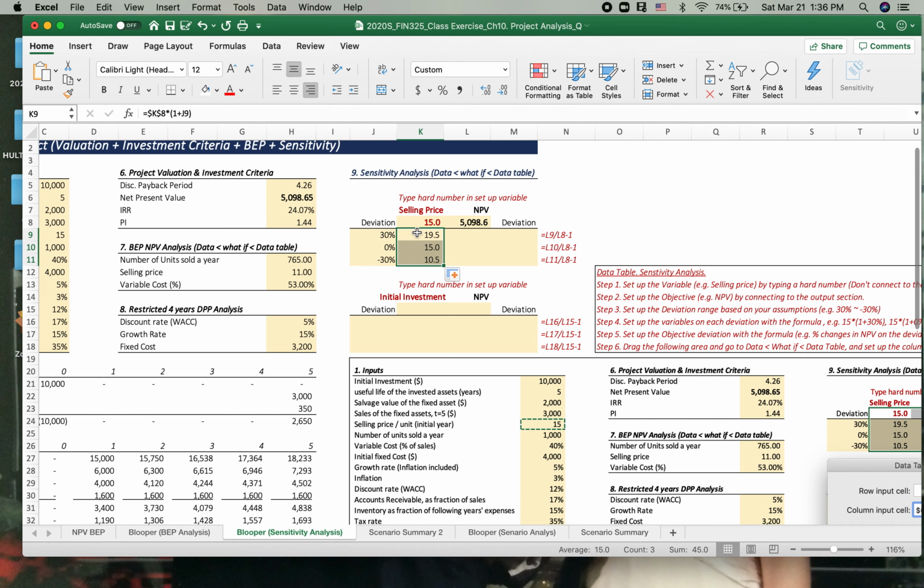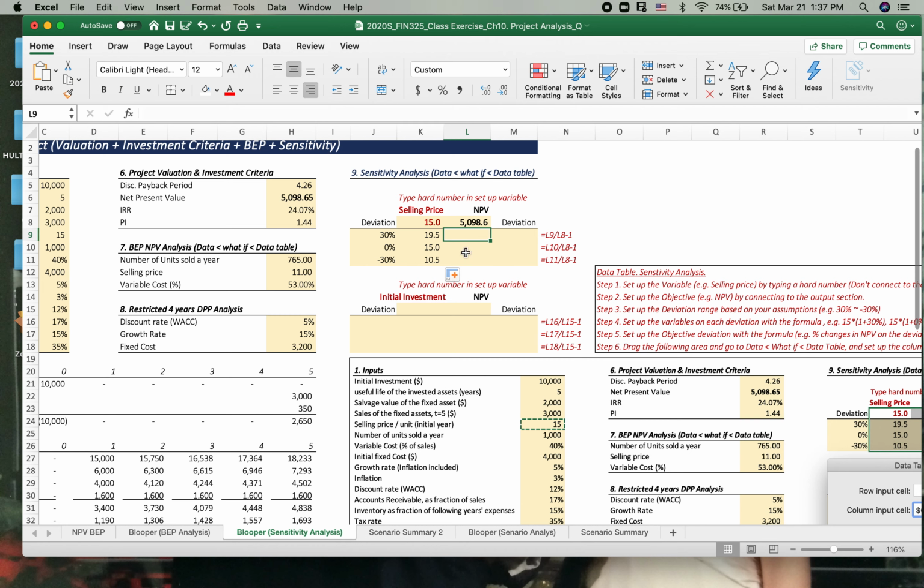So we got it. The selling price has this deviation in dollar value: $15 base, and with 30% upward deviation, $19.5, and $10.5 when it is deviated by 30% downward.